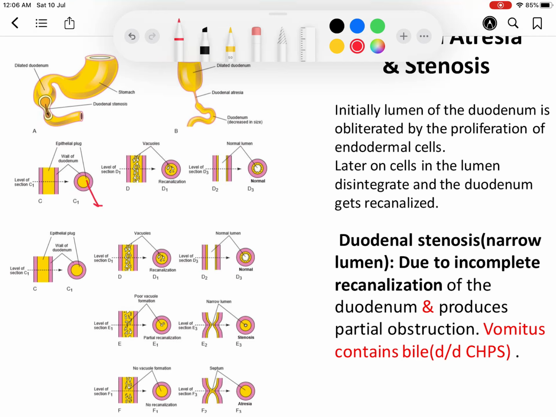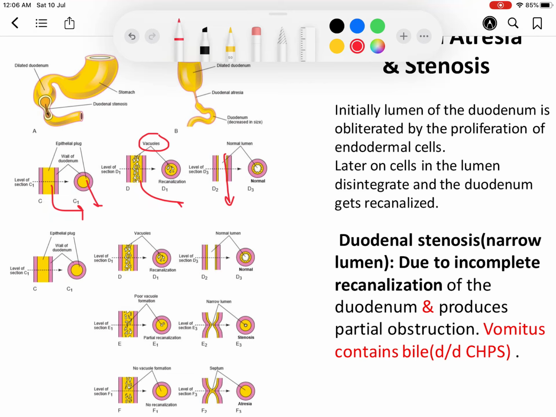So the yellow ones are the proliferated epithelial cells forming an epithelial plug, and the lumen of the duodenum has been filled up by these cells. Then later on these cells will disintegrate and the lumen will be formed. Initially vacuoles are formed and they fuse with each other, and then the normal lumen has been formed. This is called recanalization of the duodenum.